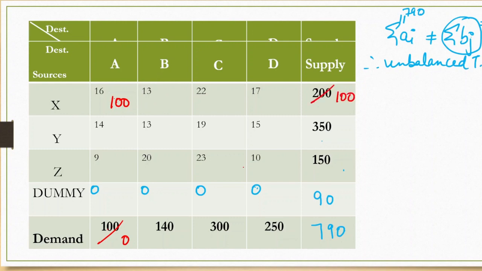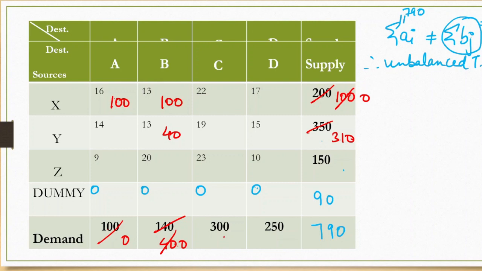So the minimum of 100 and 140 is 100 obviously. So this becomes 0, and I'm allocating 100, and this becomes 40. Now going down in this, the minimum of 40 and 350, obviously 40 is the minimum, so it becomes 0 and it's 310. Now moving ahead, I can't go down in this particular column, so I'll not be considering this one, so I'll be moving ahead.